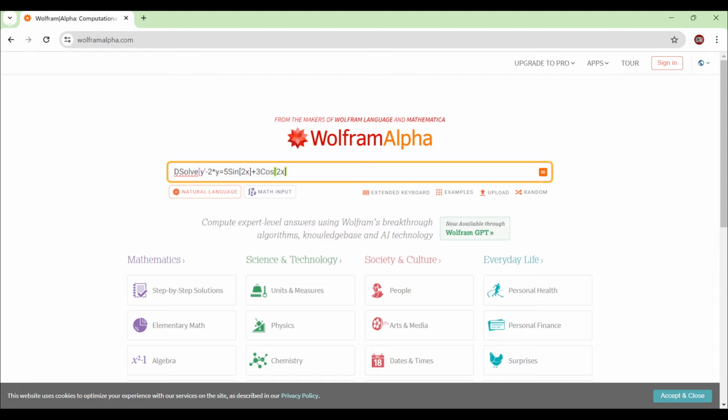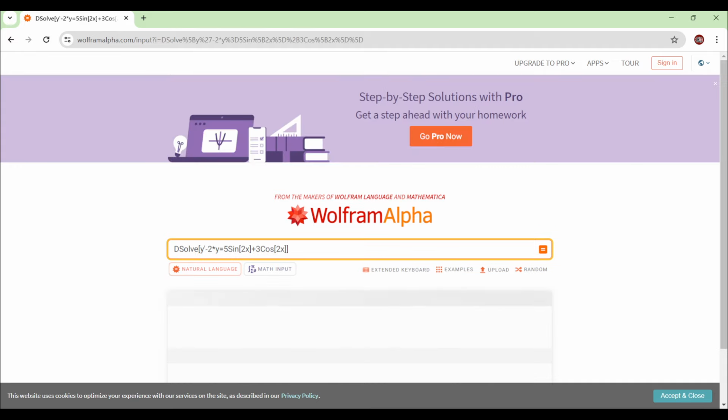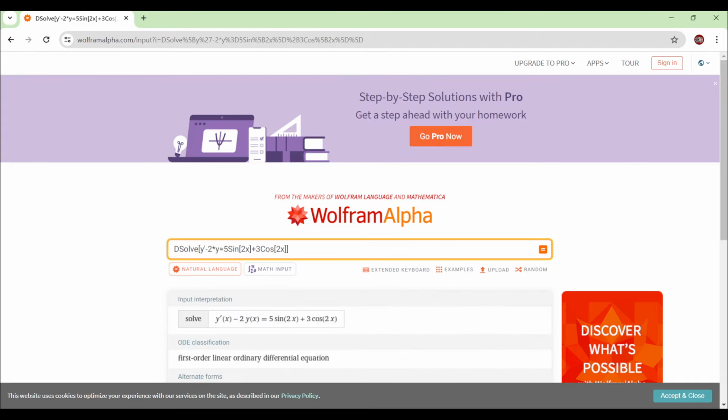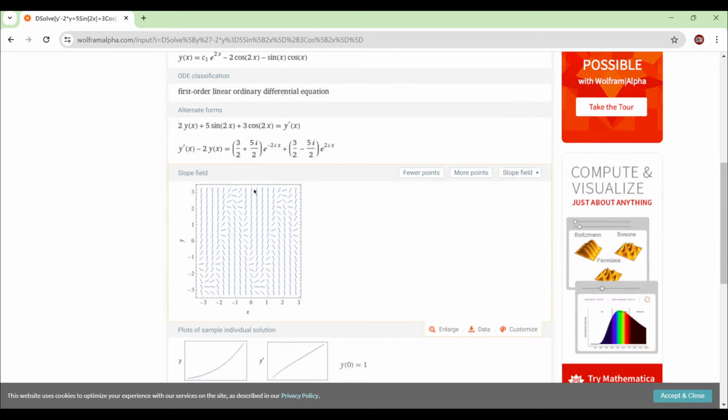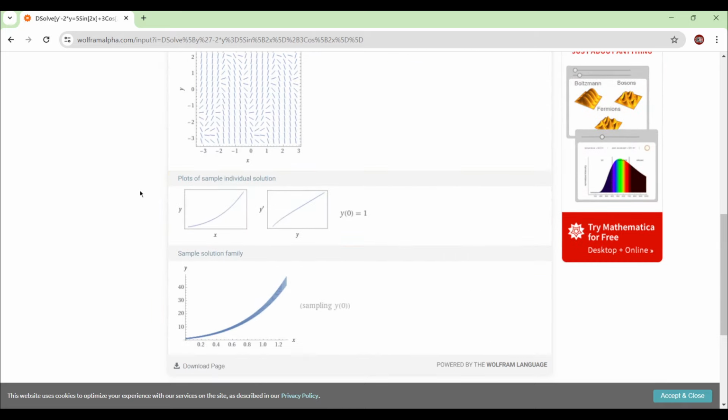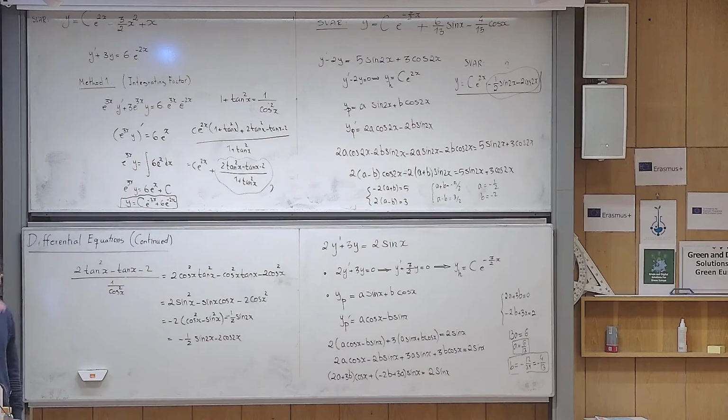Yes? Let us see if it works or not. Yes, it is a more reasonable answer here. So the algorithms are different, and it also has simplified sine 2x, and the 2's are gone, yes? So that's exactly the answer that we got here. So it's a more reasonable answer, and of course you get all the pieces of information here as well. Anyway, it is correct.